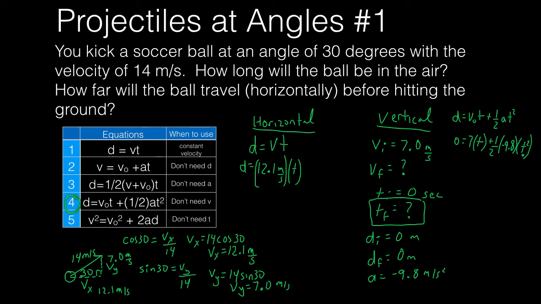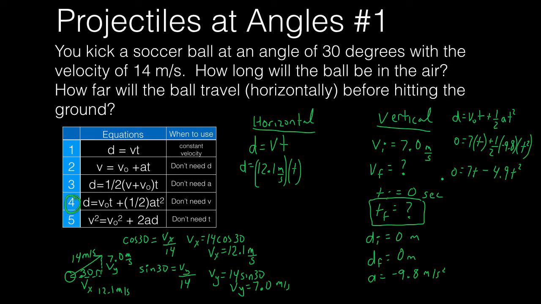We don't know time. If I simplify this equation as much as I can, we get 0 equals 7t, and 1/2 of negative 9.8 is minus 4.9 t squared. What I always like to do at this point is try to get this term to be positive.